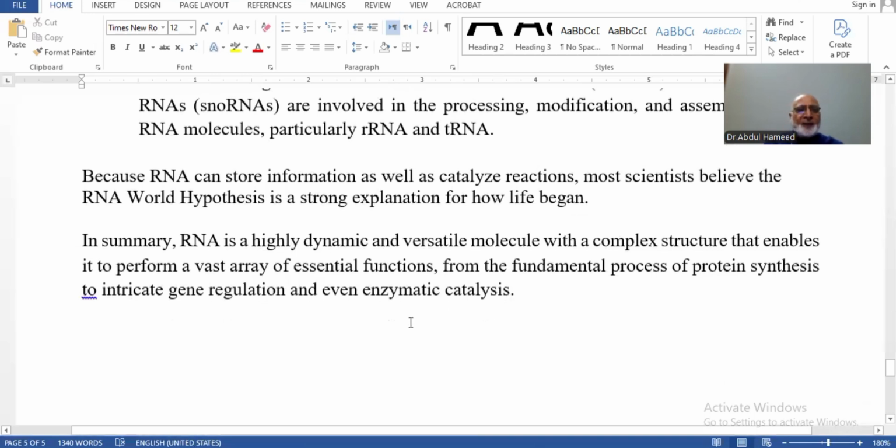So in summary, RNA is a highly dynamic and versatile molecule with a complex structure that enables it to perform a vast array of essential functions, from the fundamental process of protein synthesis to intricate gene regulation and even enzymatic activity.